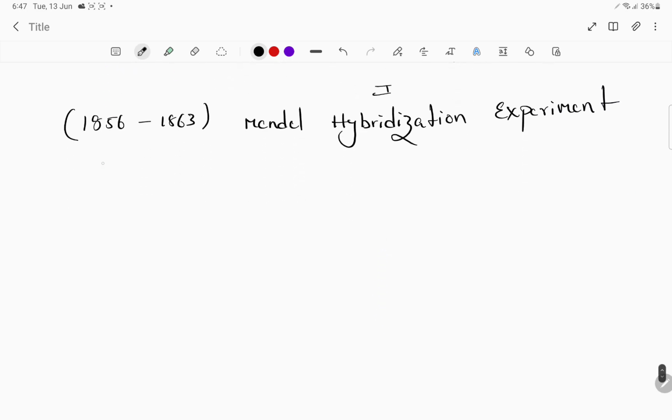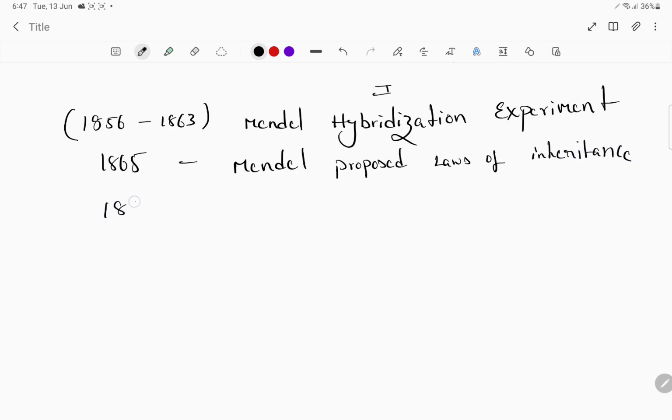Next, in 1865, Mendel proposed the laws of inheritance.